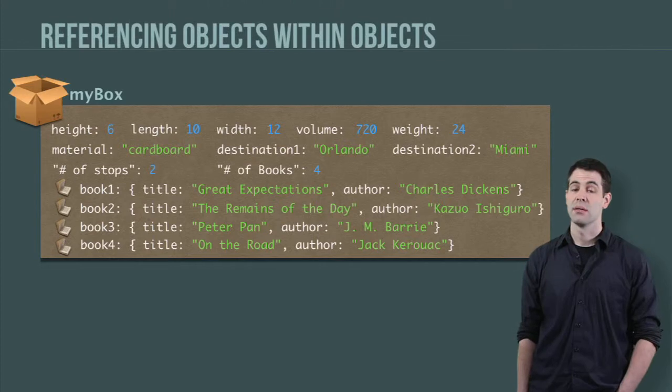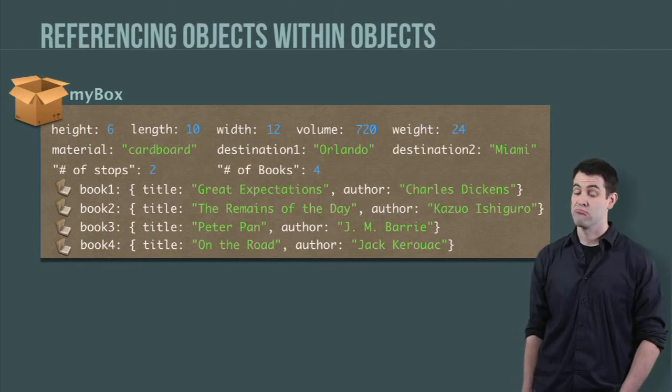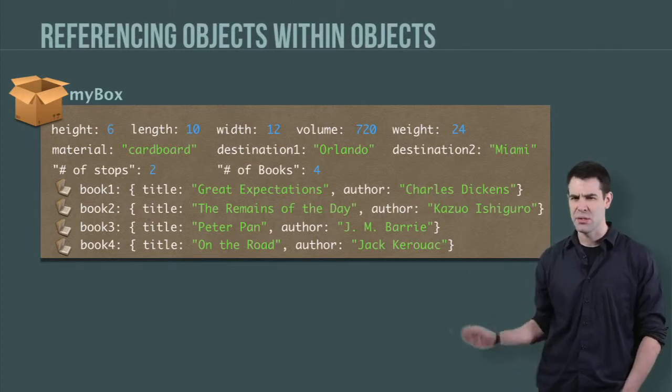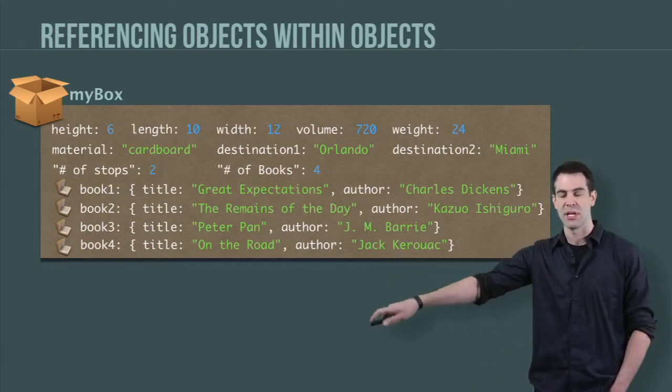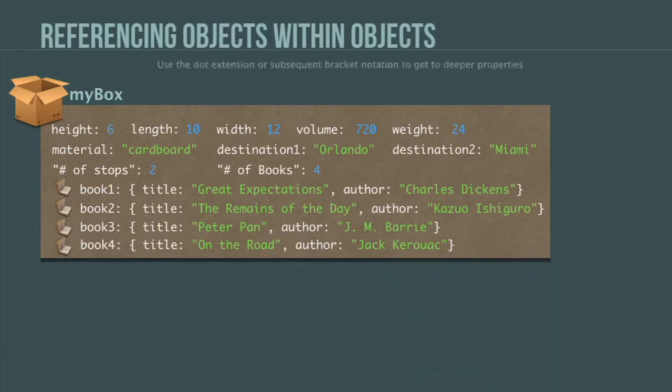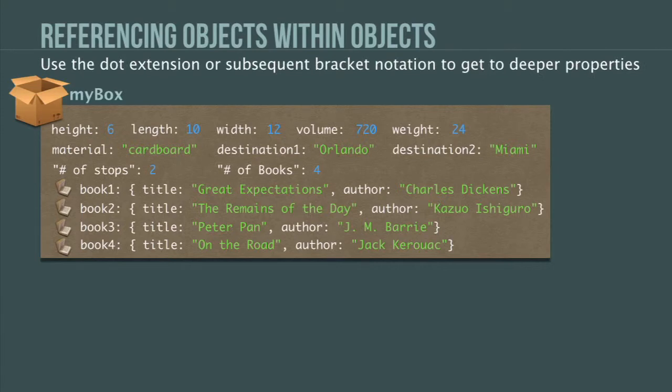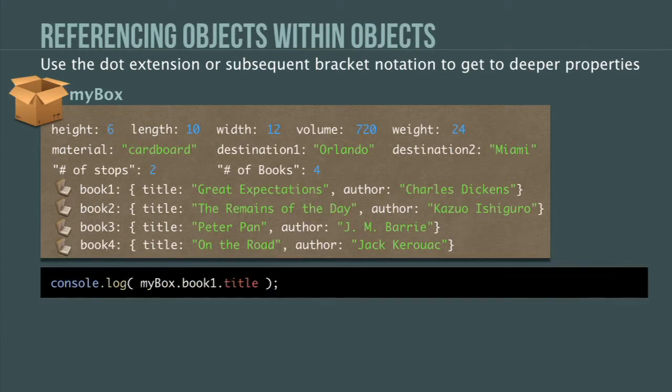Now you might ask, well, if I've got a bunch of objects inside of objects, how do I get to those deep internal properties that are inside the internal objects? Well, we can just use a subsequent dot notation to access those properties. So if I wanted to get to the title of, say, book1, I would use console.log myBox.book1, which pulls out book1, and then it looks at the title with that next dot notation.